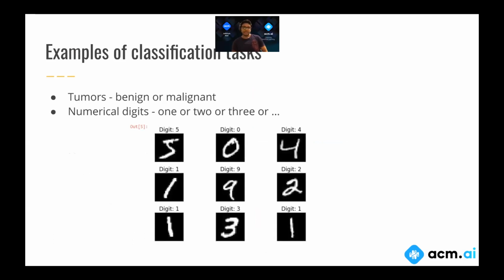Yeah, so examples of classification tasks, as we saw in the poll: tumors either being benign or malignant. So we're talking about providing a model with maybe a picture of a tumor, and it figuring out whether it's benign or malignant, as well as numerical digits. And actually, classifying digits into their numbers is a pretty popular way of getting introduced to neural networks.